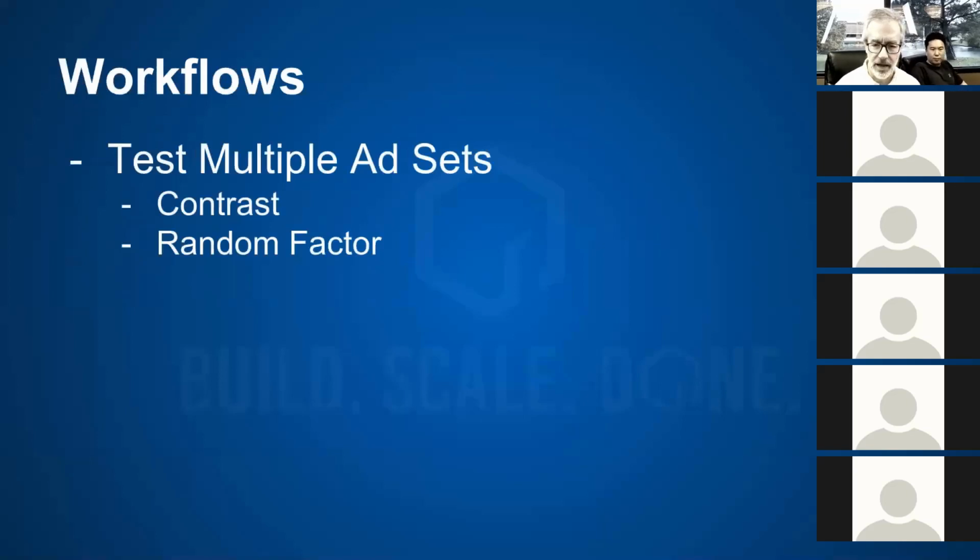Now, because of that, this teaches you something, and what it should teach you is that when you think you're split testing interests in different ad sets, think again. Because if the thing already responds differently when you launch the ad sets to the same audiences, then how do you know that's because of the interest when they're responding differently when you happen to launch ad sets to different interests?